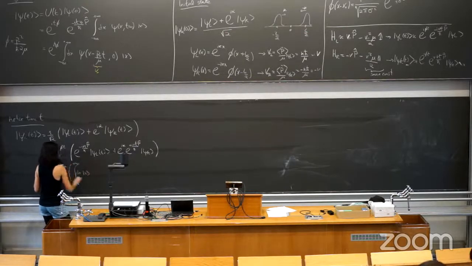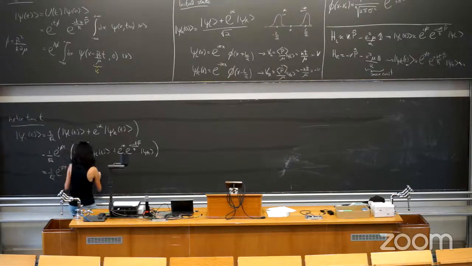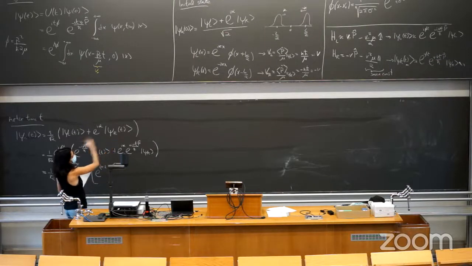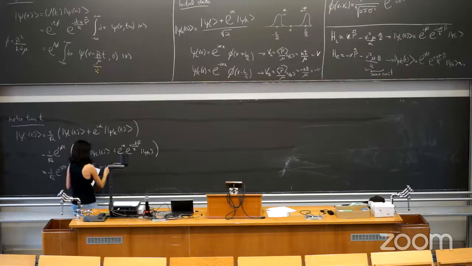And now what comes in here? E, I, k. So it's the initial wave function, everything just shifted by vt. So we have x minus vt for the left.